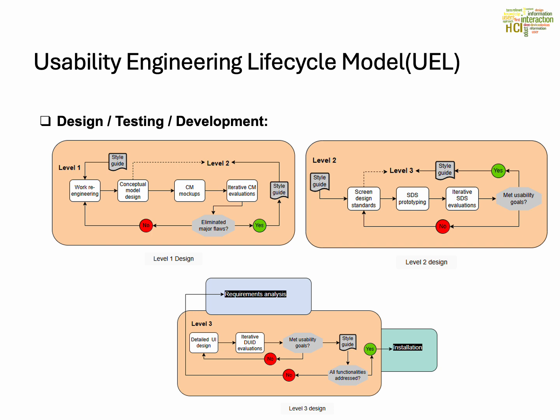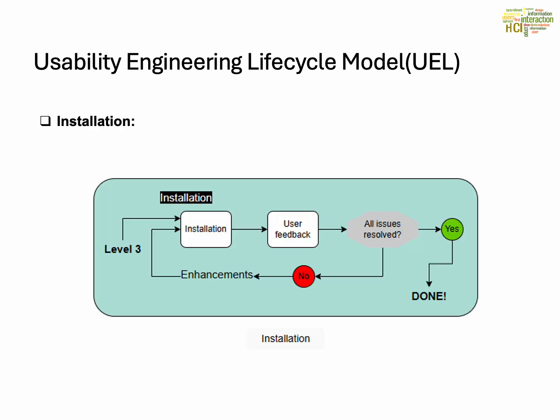There are three levels that can be defined as prototype, refine, and test repeatedly. You can traverse back to each level anytime. And the final is installation, release to real users, monitor and update. Usability is not an afterthought, it's built in from the very start.